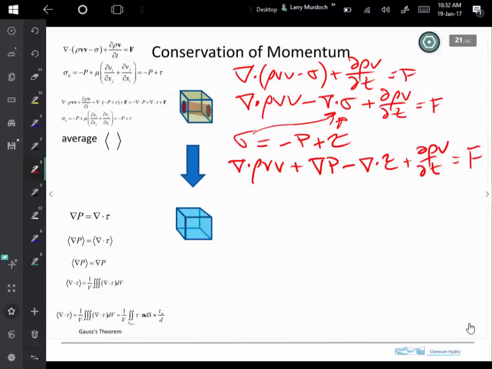Okay, so pressure is a scalar. So when we have this nabla operator, when that operates on pressure, we just have the gradient. So that's the pressure gradient. But this tau, that's shear stress.